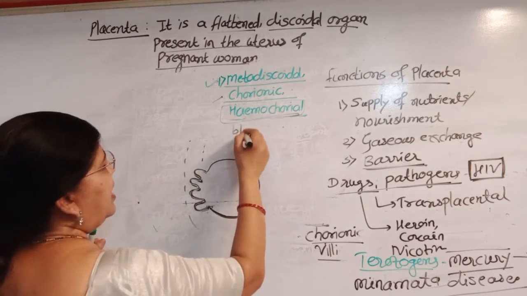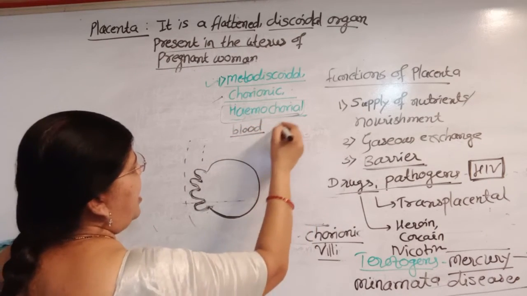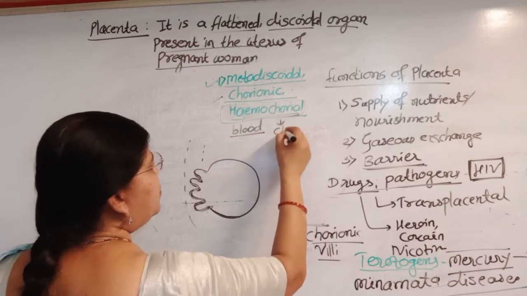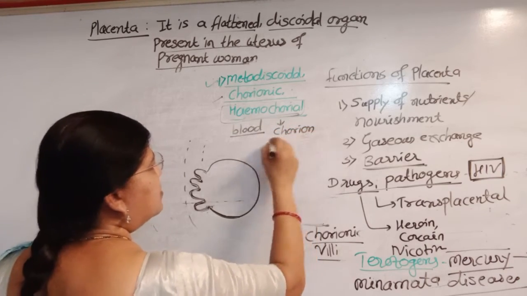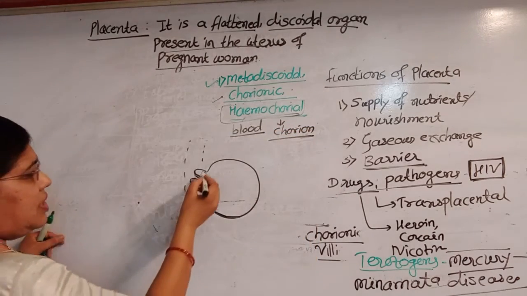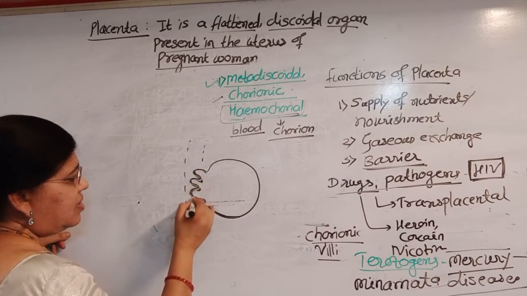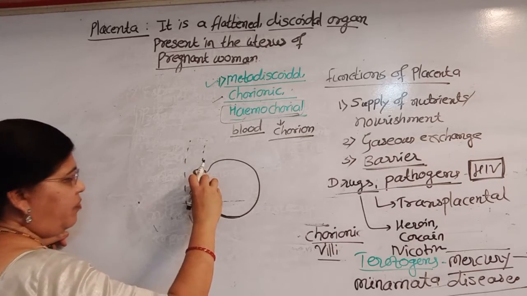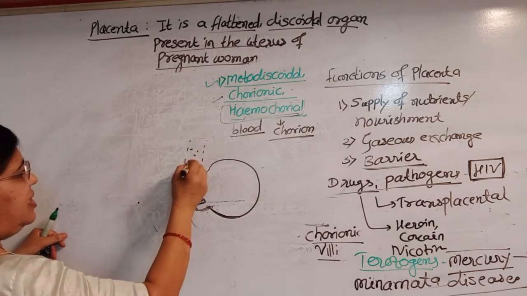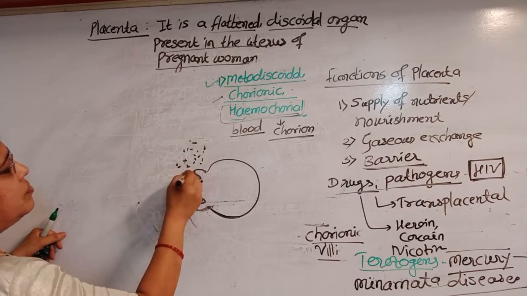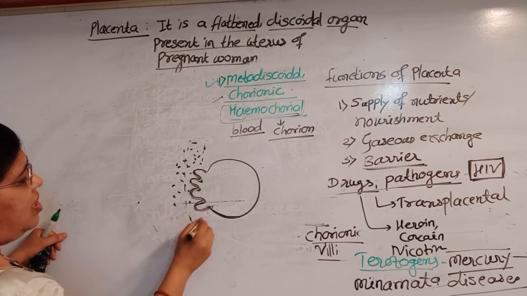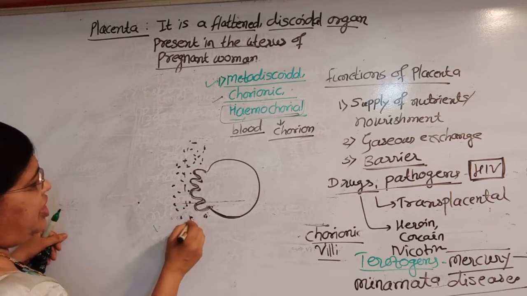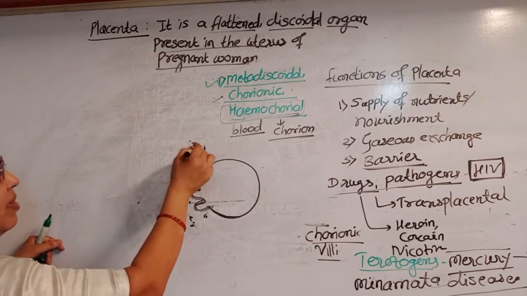Hemo means blood and chorial means chorion. This is the chorion, the fetal part of the placenta, and this is the uterine wall, which is richly supplied with blood vessels.